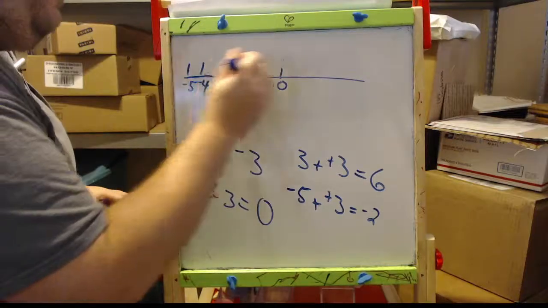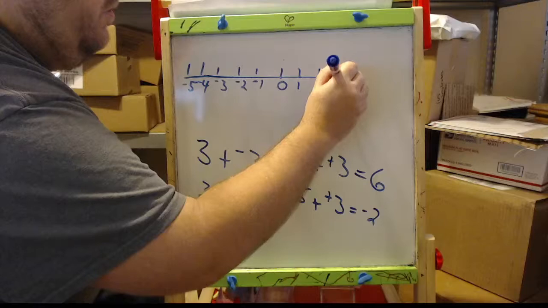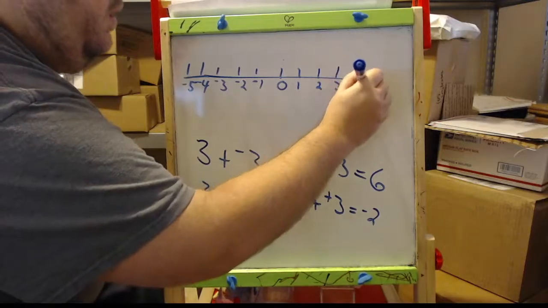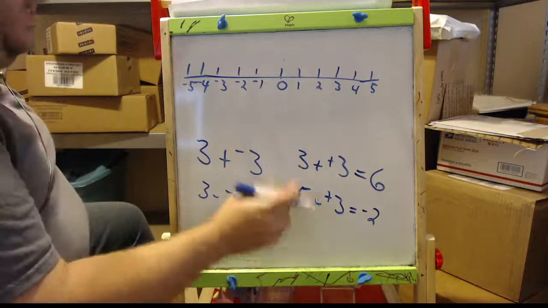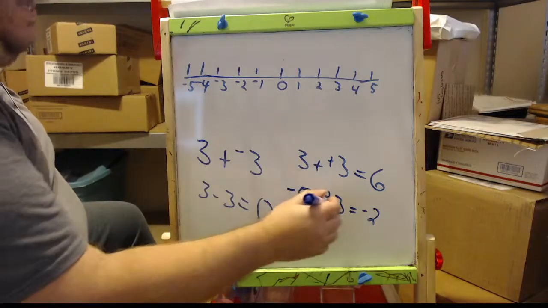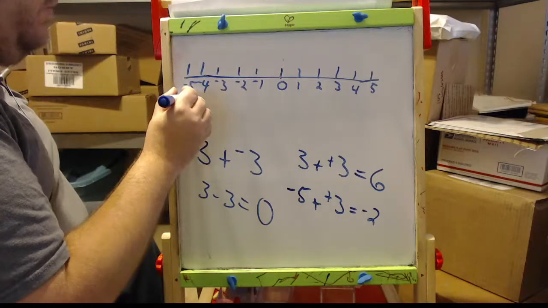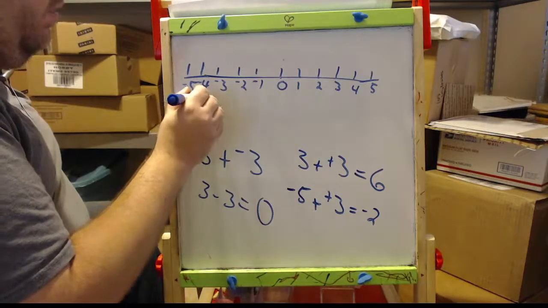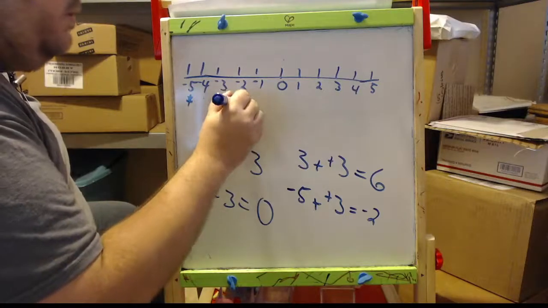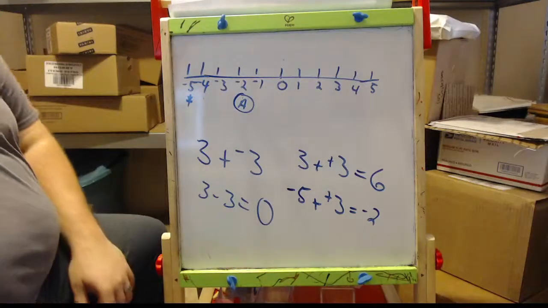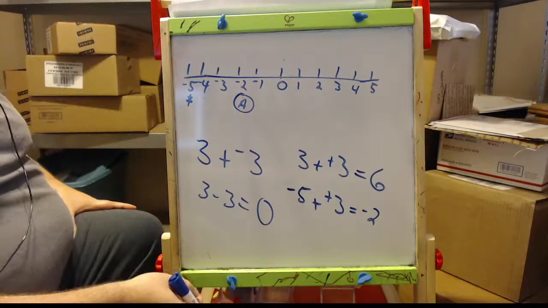Negative 5. 1, 2, 3, 4, and 5 until you get used to it. And what you could say is, okay, I'm at negative 5 and I'm going to add positive 3 to it. So here's where I'm starting, and I'm going to go 1, 2, 3 spots. So here's my answer. So you could do it that way too.